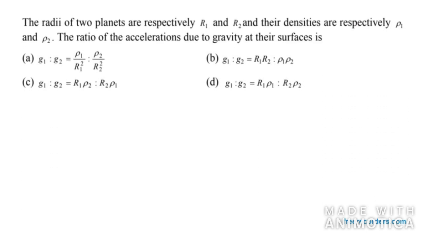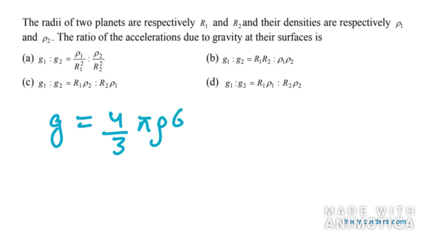The radii of two planets are respectively R1 and R2, and their densities are respectively rho 1 and rho 2. The ratio of the acceleration due to gravity at their surfaces is? So first of all, acceleration due to gravity is 4 by 3 pi rho G r.